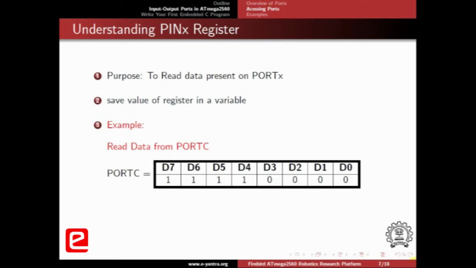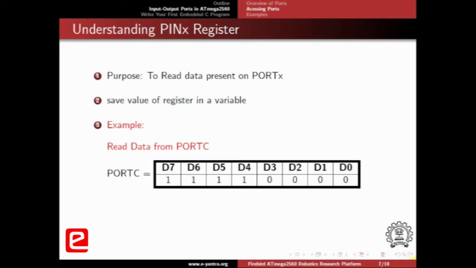So the voltage level will go to 5 volts and the pin will read a logic high. So in order to read whether switch is pressed or not, we are going to use PINC register. So we use PINC register and store the status of the pin in a variable, and later on use this variable for further manipulation.